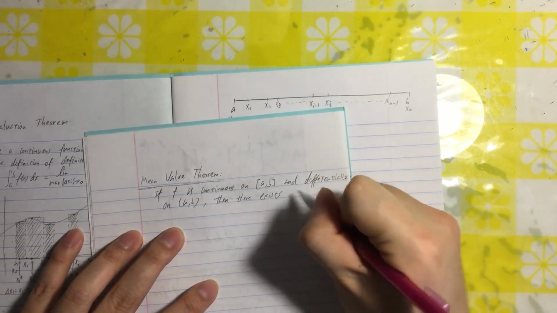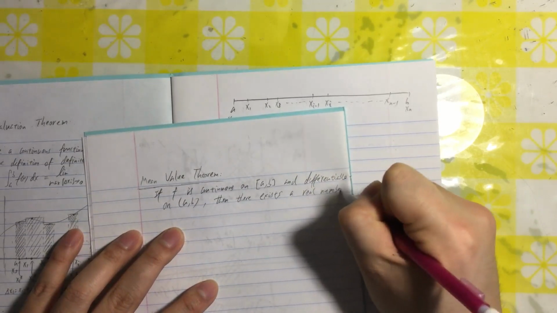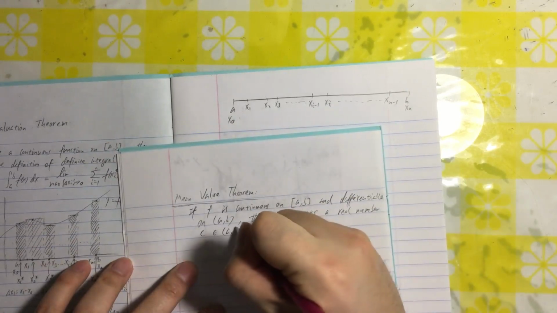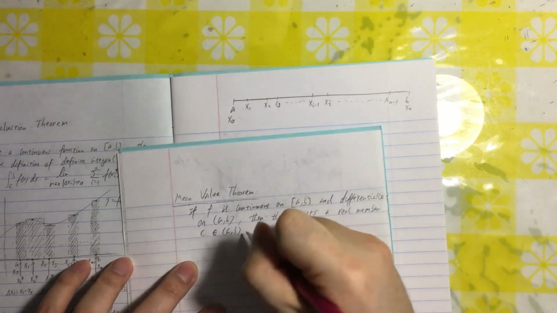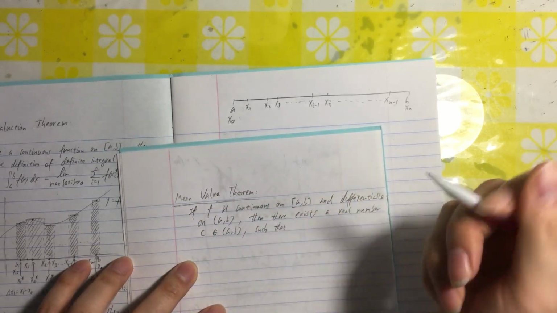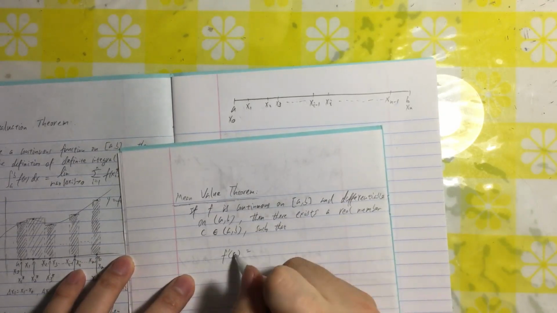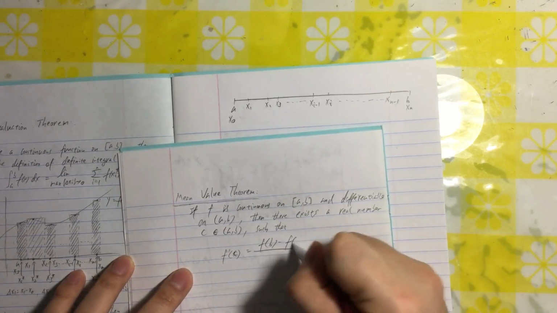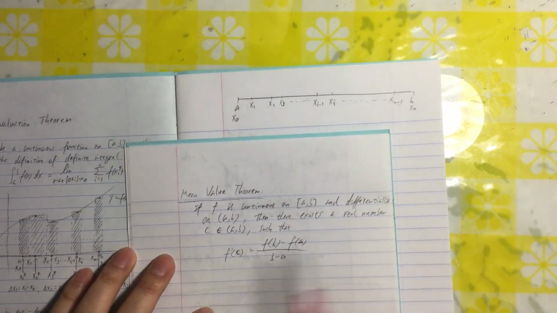there exists a real number C that belongs to the open interval AB such that f prime of C equals f of B minus f of A over B minus A. That's the mean value theorem.